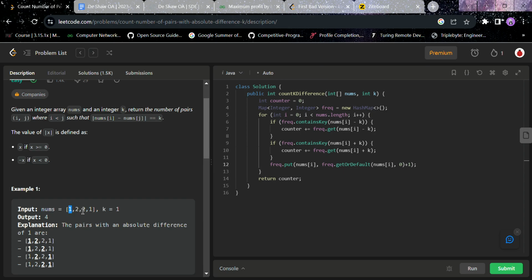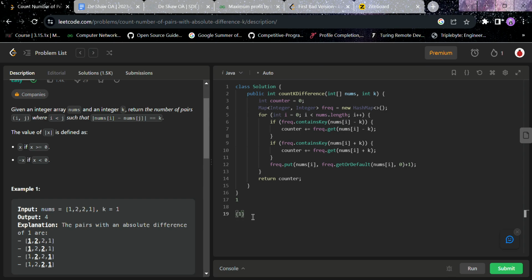At this 2, we have just 1 with frequency 1, and we'll check 2 plus 1, this k is equal to 3. 3 is not present here, and 2 minus 1 equals 1. What was the frequency? 1. So increment the counter with 1. So right now we have 1. Now i goes here.